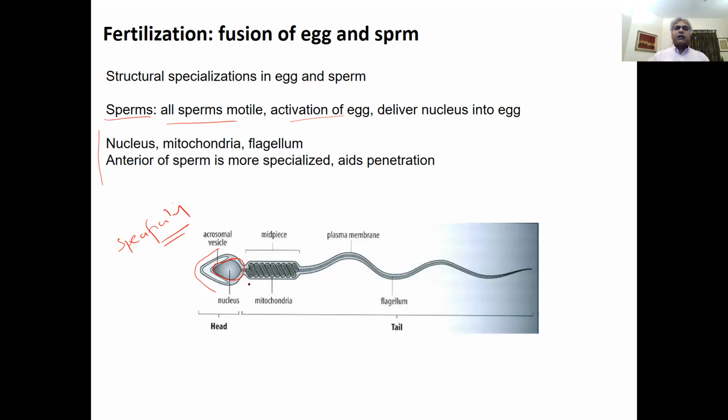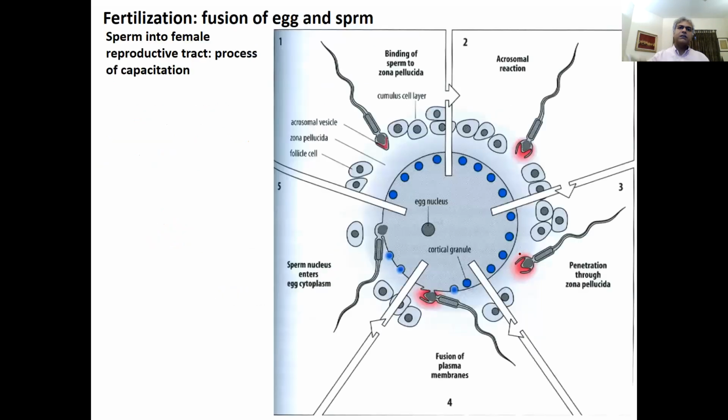Then you have mitochondria, which provide all the energy for the motility of the sperm, and it helps in the penetration of sperm into the oocyte. And then you have this long flagellum, a whip-like structure, which helps in the motility of the sperm within the reproductive tract of females.